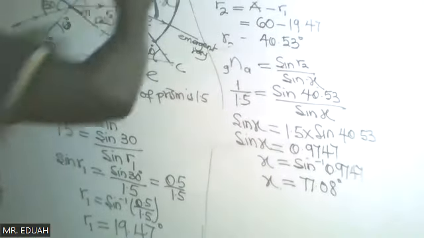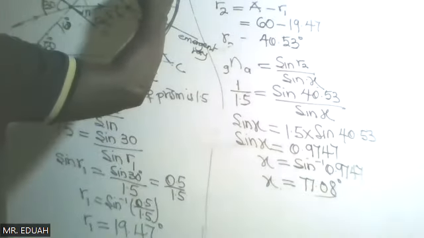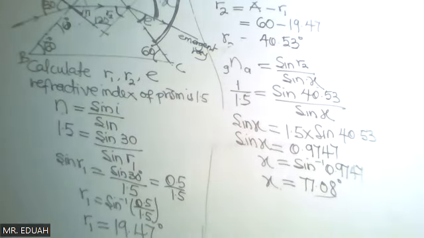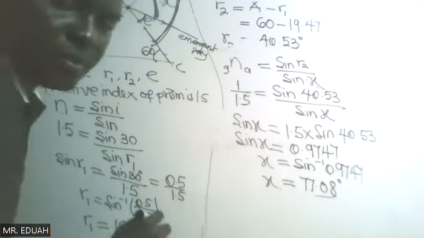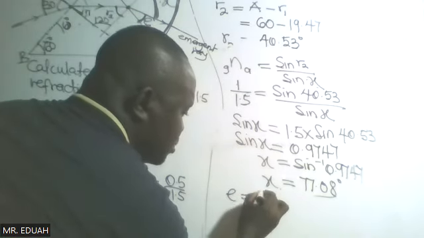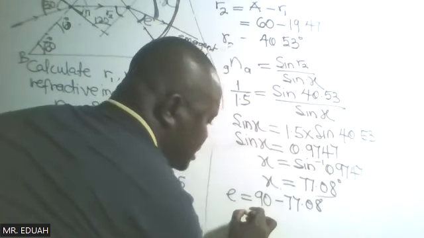So once this is 90, and you found X to be 77.08, Adwa, what will be this angle E? 13.022. So 90 minus 77.08.